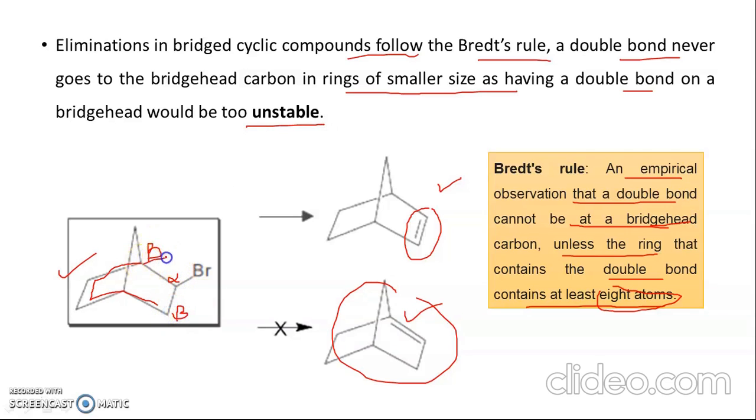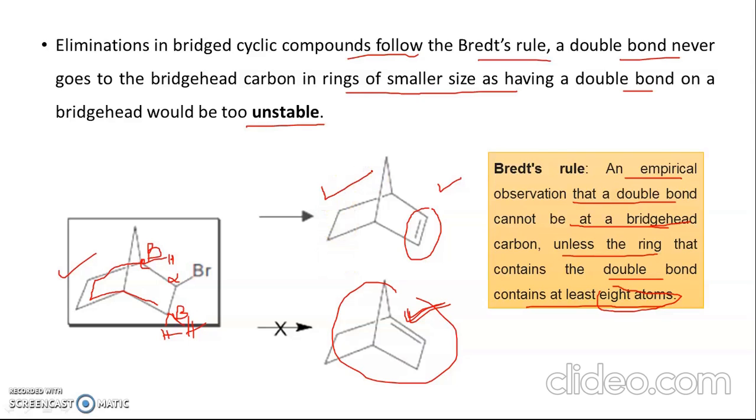Here we have hydrogen, so this hydrogen can be removed. Any of these two beta hydrogens also can be removed. But if you are removing the hydrogen from this carbon, then you will get the second alkene, which is very unstable. So that is the reason the major product is this one.